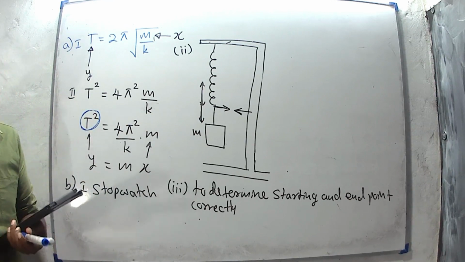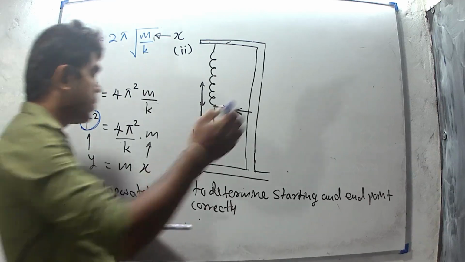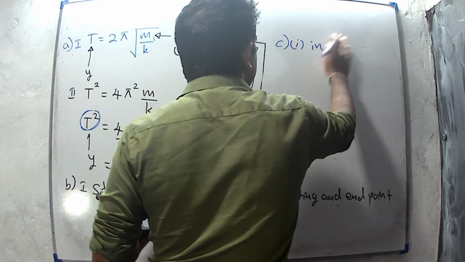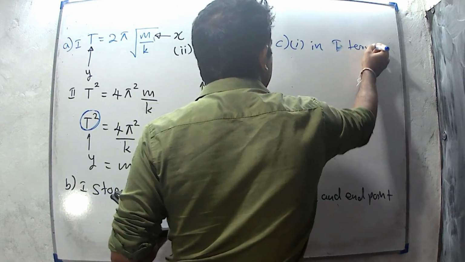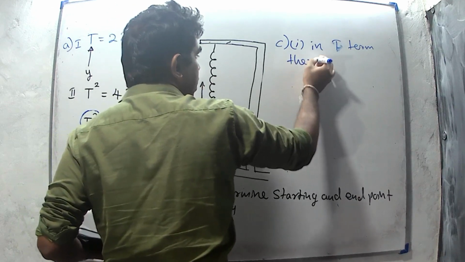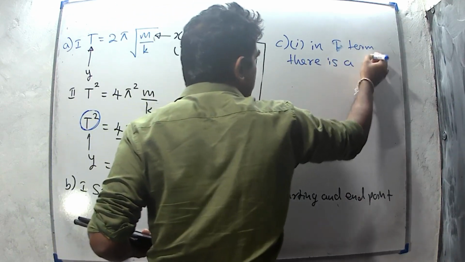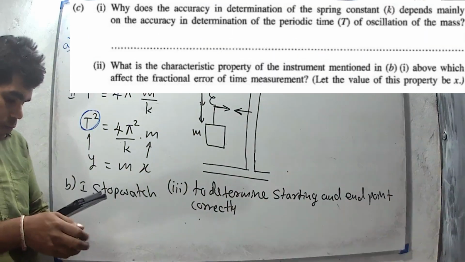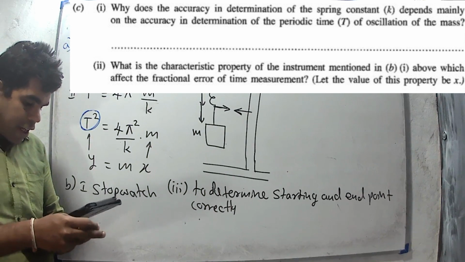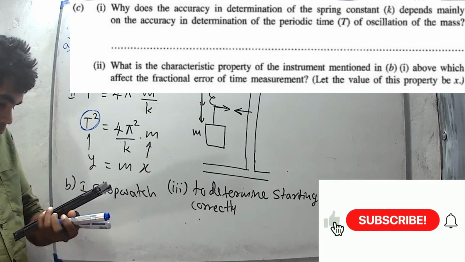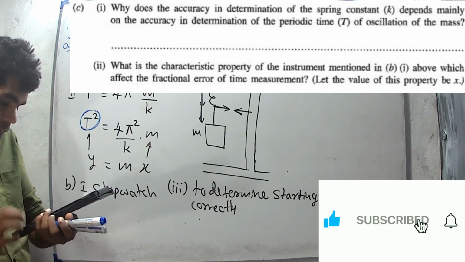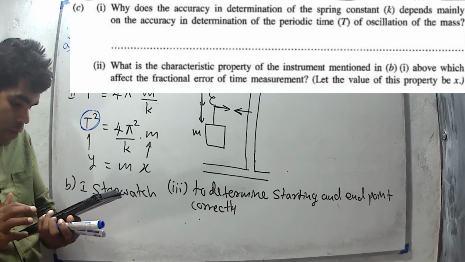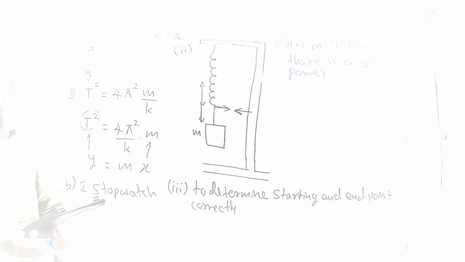Then we can write, in part C1, in the T term there is a second power. Then part 2, what is the characteristic property of the instrument in B1 above which affects the fractional error of time measurement?